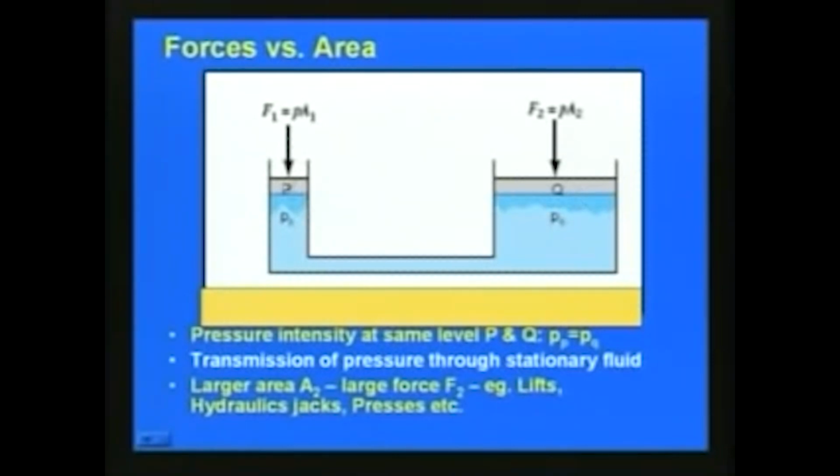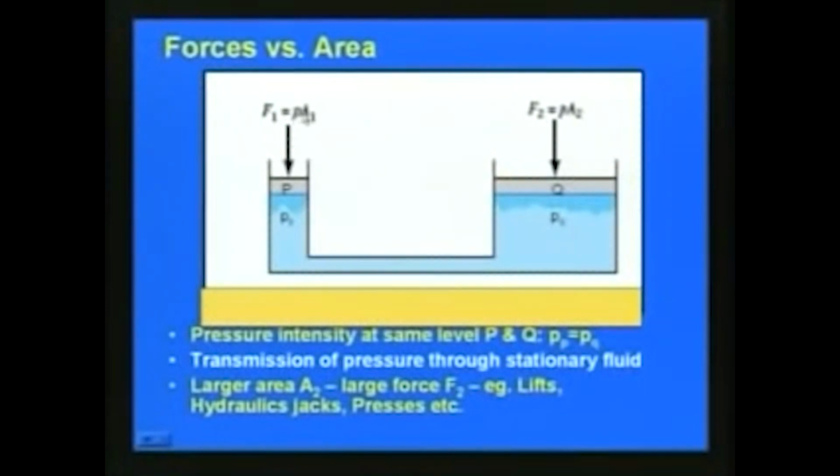Since P is the same on both, the pressure intensity at levels P and Q is equal, Pp is equal to PQ. So, transmission of pressure through a stationary fluid has a large number of applications in many practical engineering areas, like the use of hydraulic jacks, presses, etc.